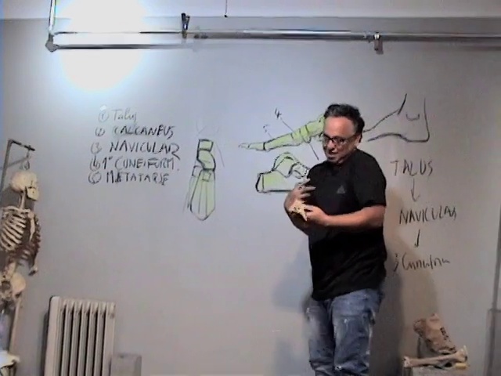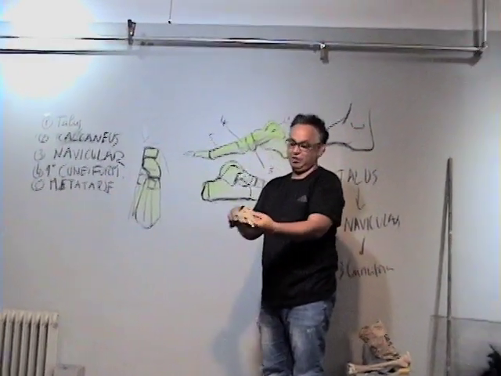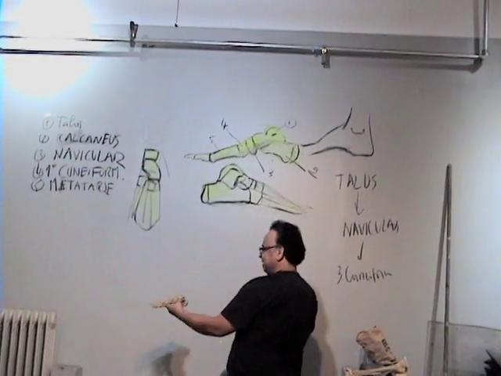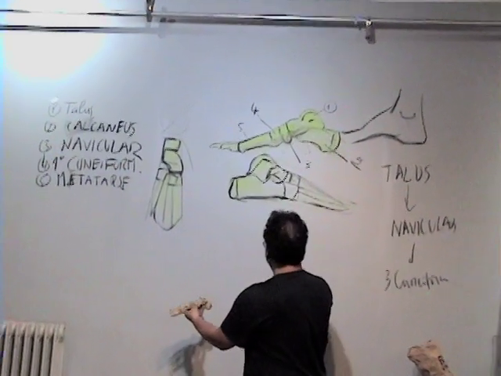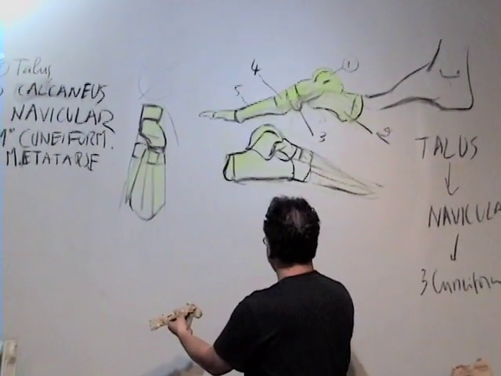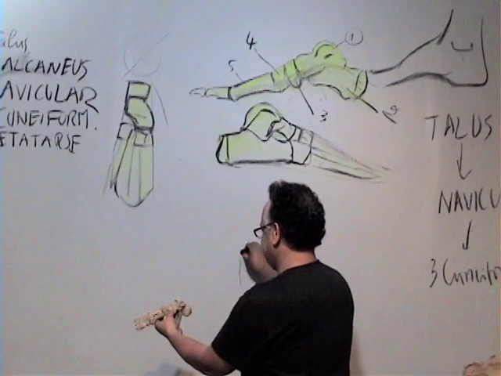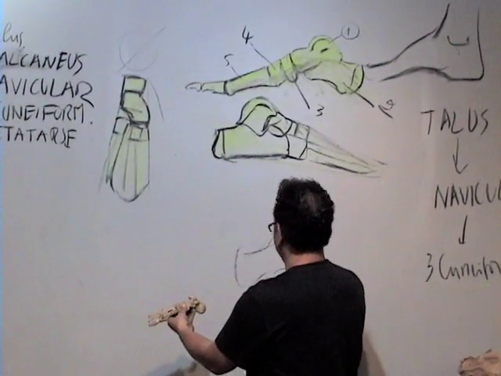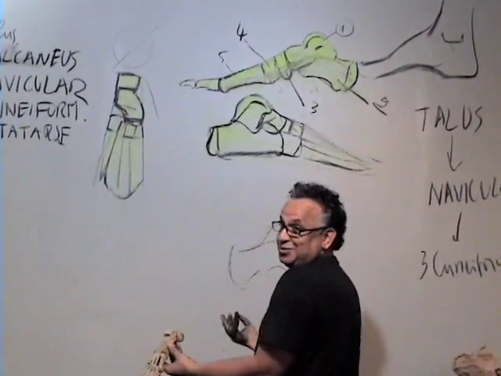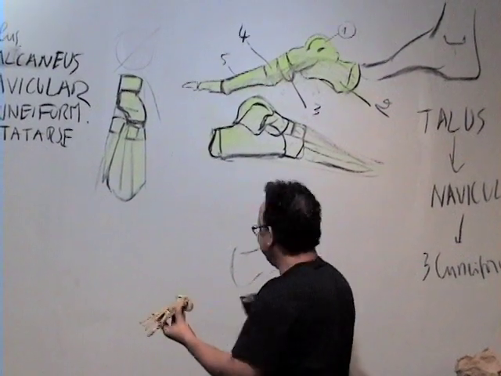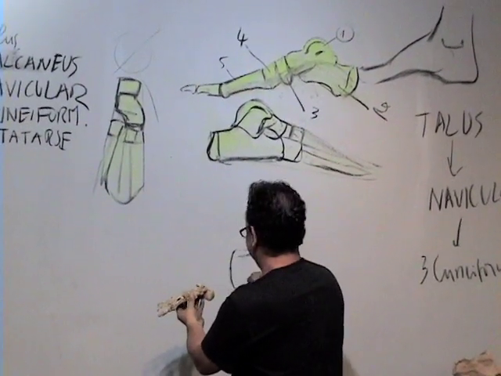So to show you why I find this beautiful, for example, in the architecture, this is the talus. It's beautiful to draw it, to see, it's just amazing.